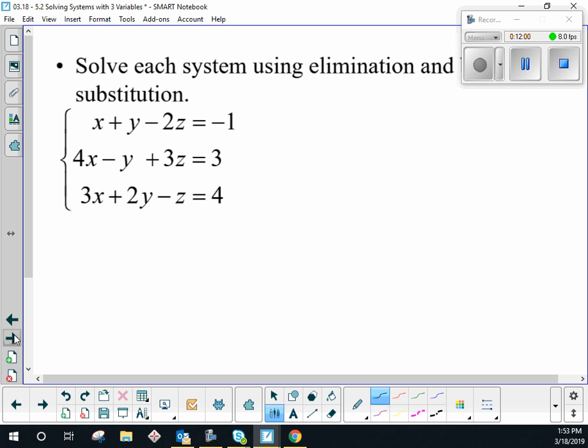So if you're looking at your steps right here, step 1 says make sure all of your equations are in standard form. Look at that system and tell me if you think yes or no, everything is already in standard form. Yes, absolutely. Okay, so step 1 is done.